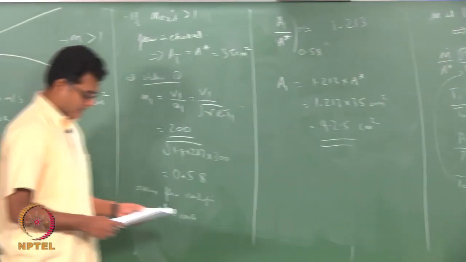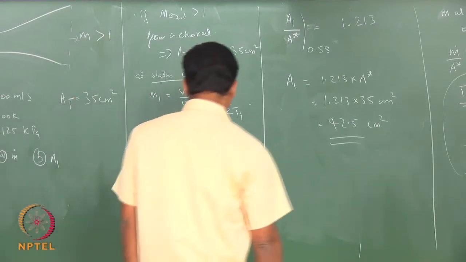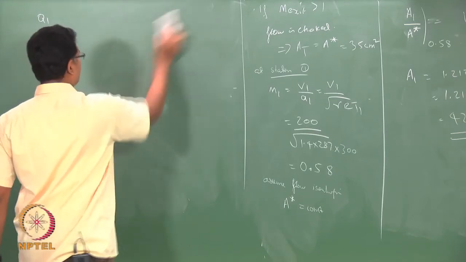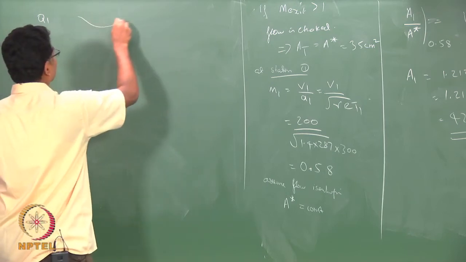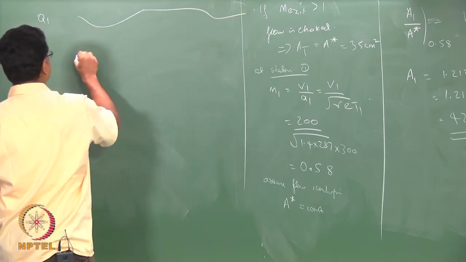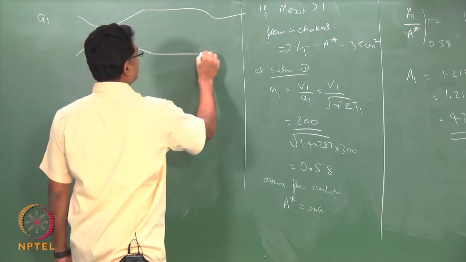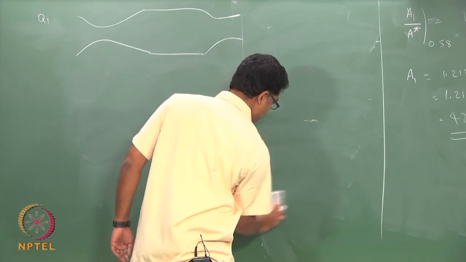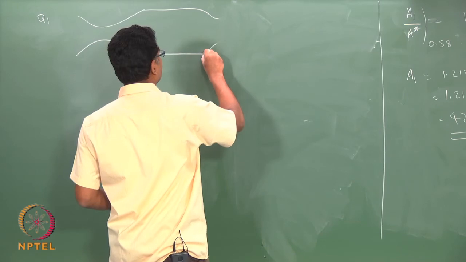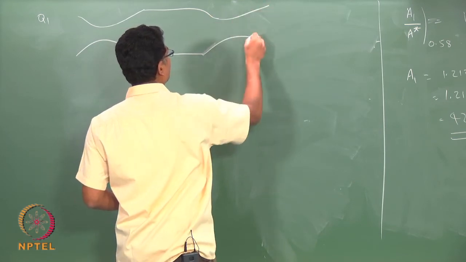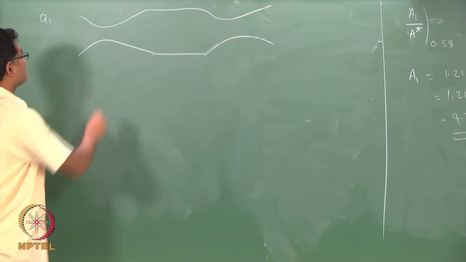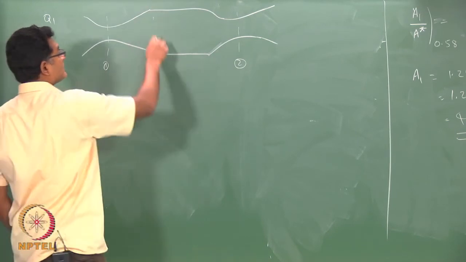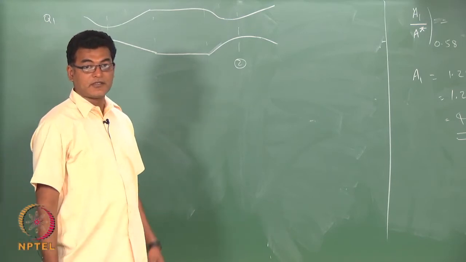So, now we will do a different problem. I have two nozzles, two CD nozzles, each of them has a different throat area, and there is something that is connected here, which is the typical case of a supersonic wind tunnel.